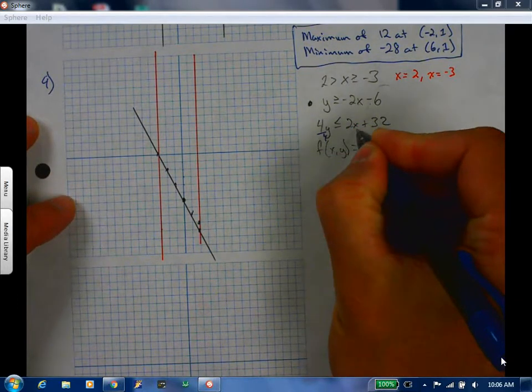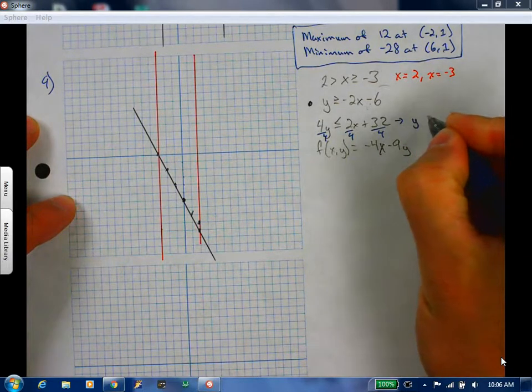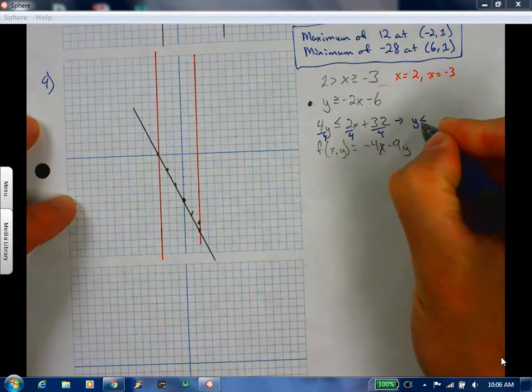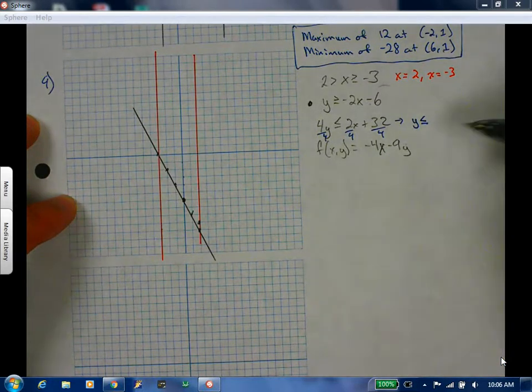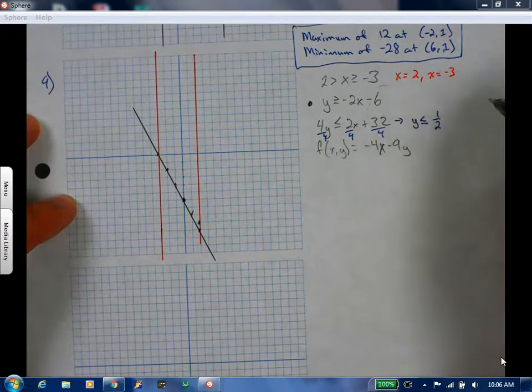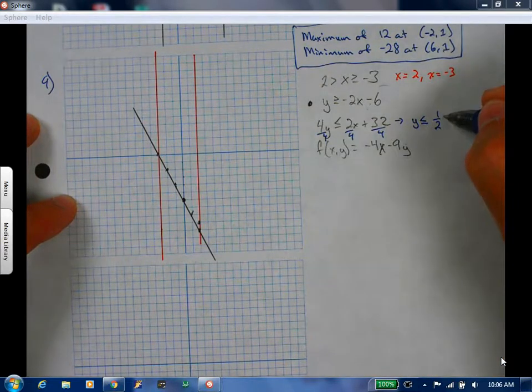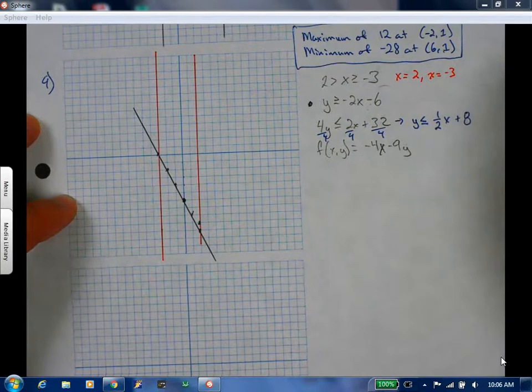That'd cancel that off. So you'd end up with y is less than or equal to 2 divided by 4 as a fraction. That'd be 1/2. So leave it as a fraction so it's easier to graph it. Plus 32 divided by 4, 8.